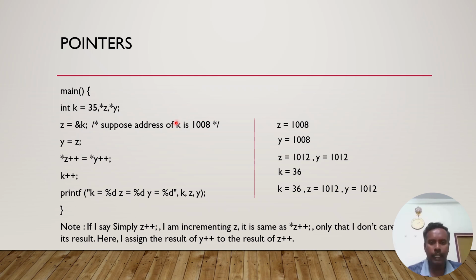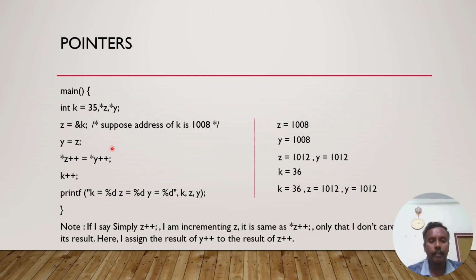Suppose k is at some address, 1008. y plus plus is incremented to the next address, 1012. It is assigned to z plus plus. So then the value in it is assigned to z. It may have a garbage value, any value in it. This is what is happening here.